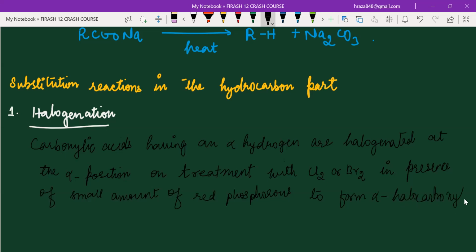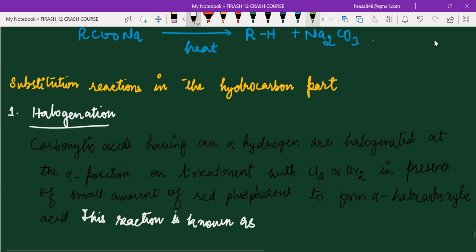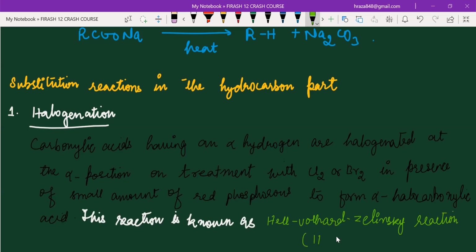And this reaction is known as Hell-Volhard-Zelinsky reaction. Sometimes it will be written as HVZ.